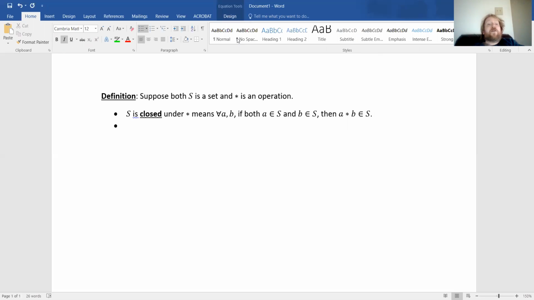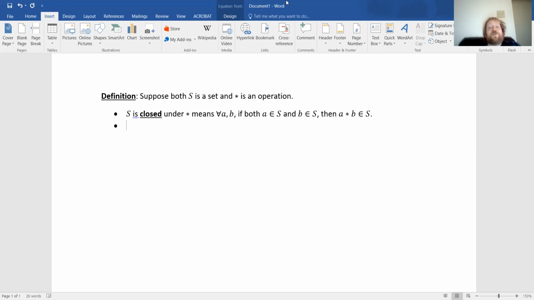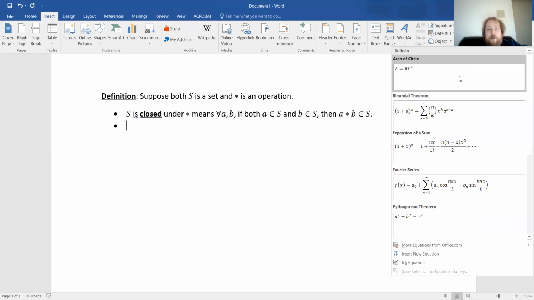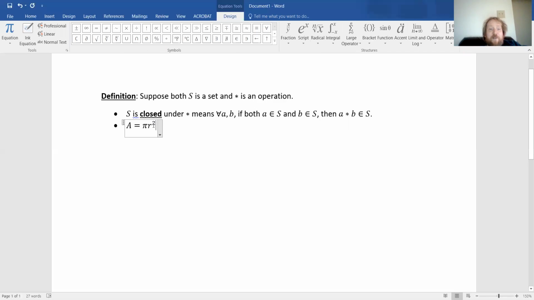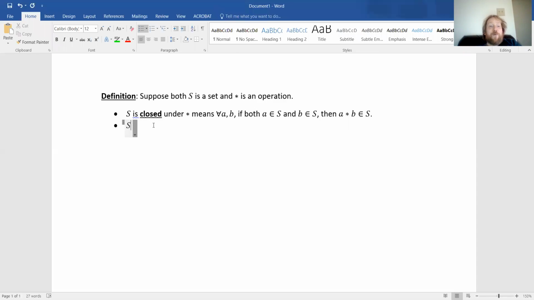Now, let's practice our negations to begin with. If this is the definition of S is closed under star, see the definition of S is not closed under star. Take a minute and think about what it should be as I type it in.